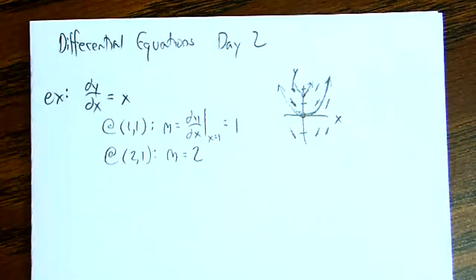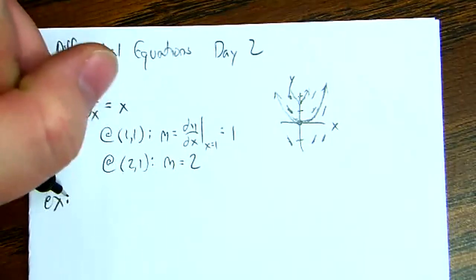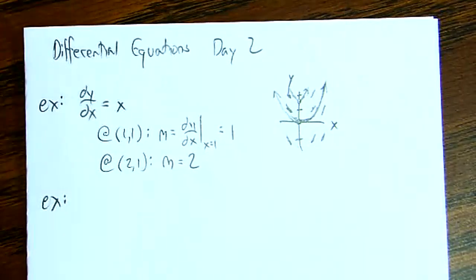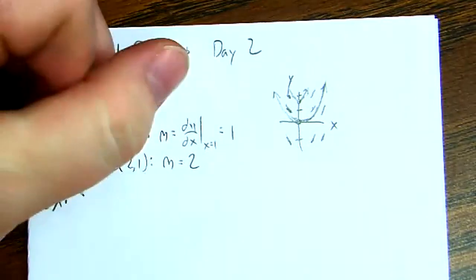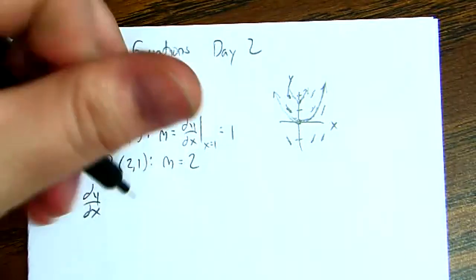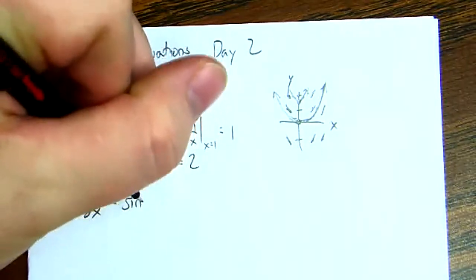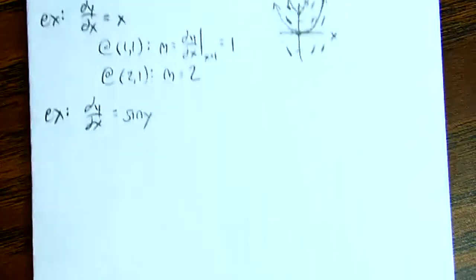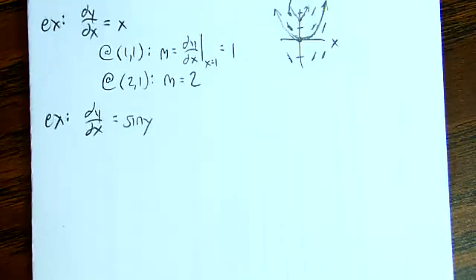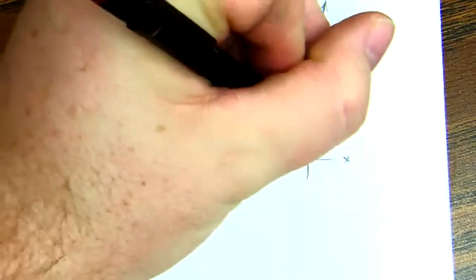We could have the differential equation that dy dx is equal to the sine of y. Same treatment, right? We look at our coordinate plane, plug in different values for x and different values for y.